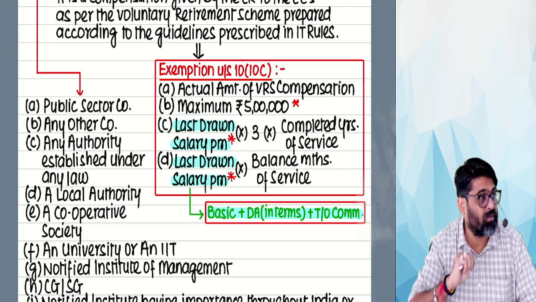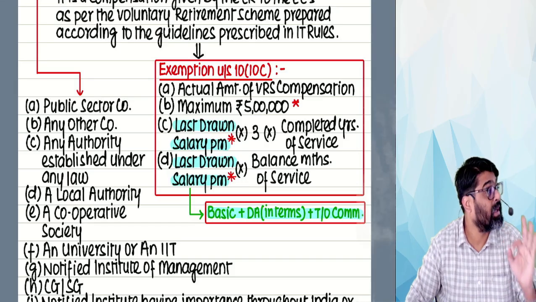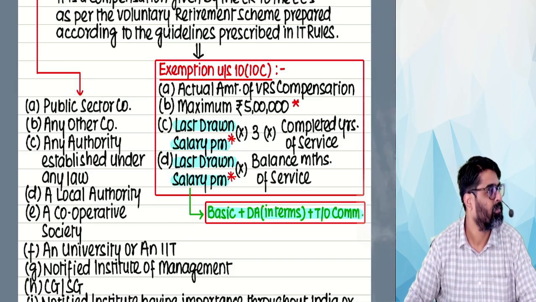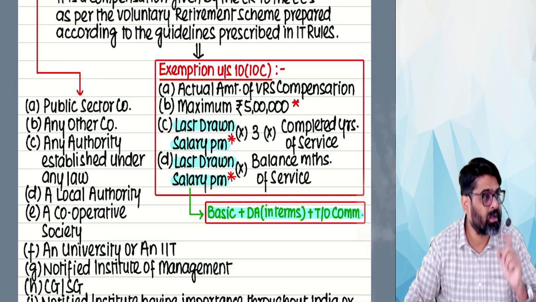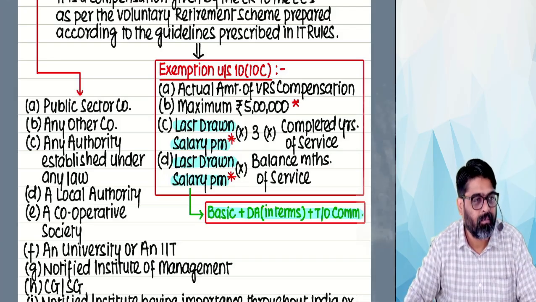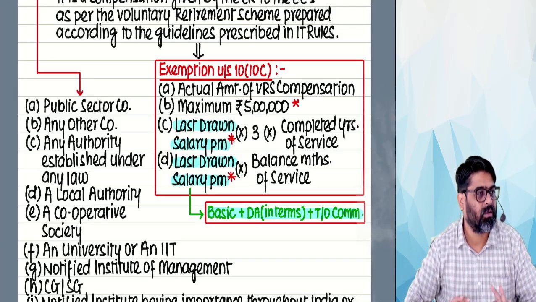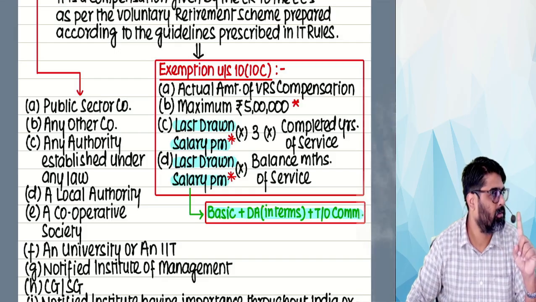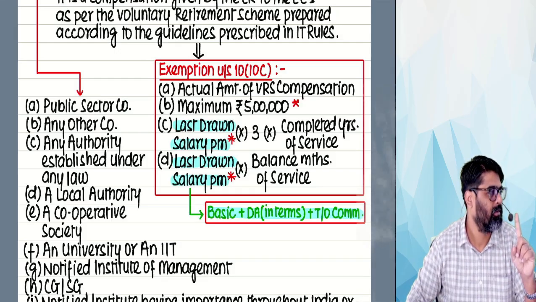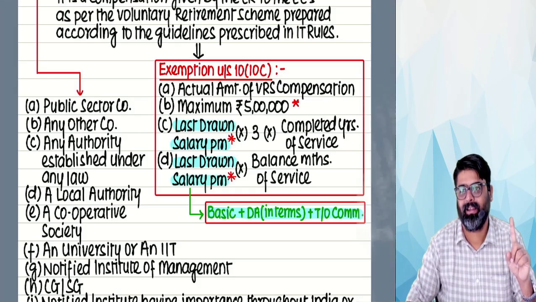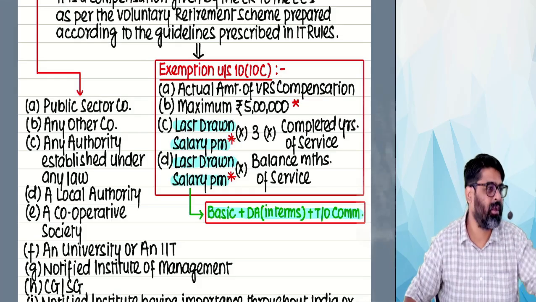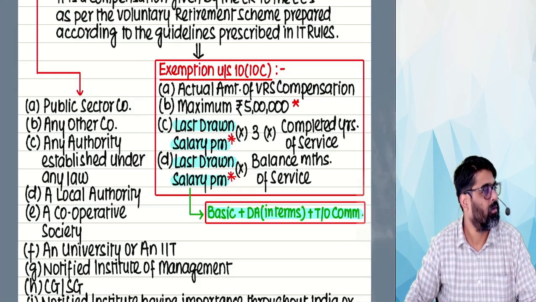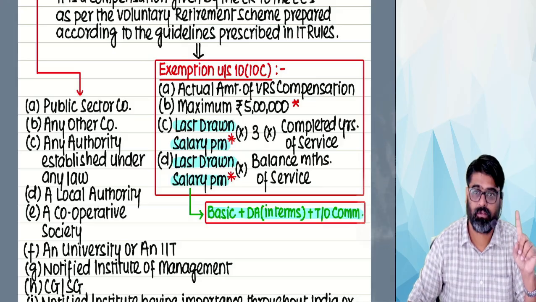This is not lifetime maximum exemption. This is a once in a lifetime exemption. In your entire life, you can claim VRS exemption only once. Not again and again, every time joining a company and taking a VRS. No. Only once.